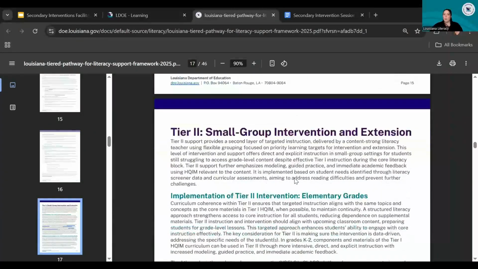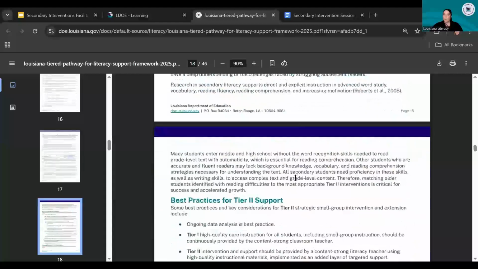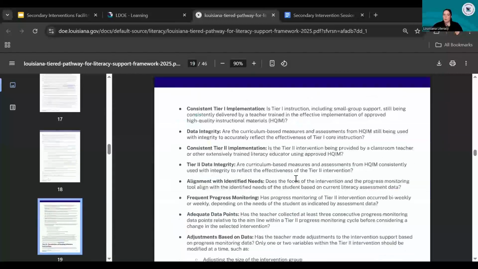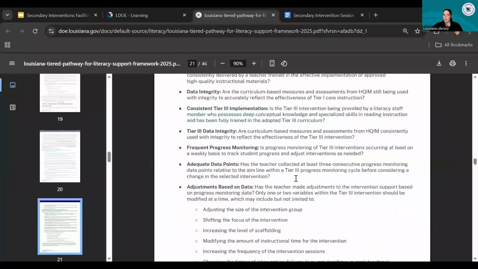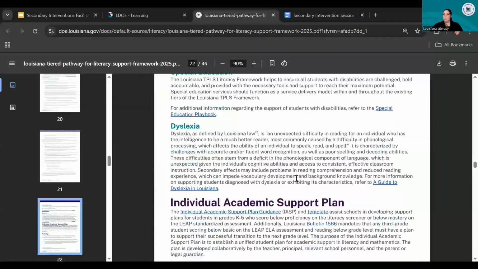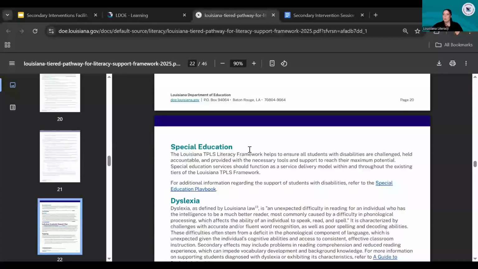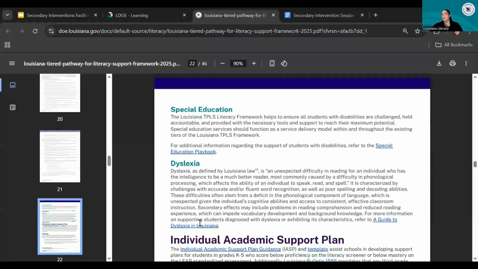It goes all the way through page 21 for each of the 3 tiers of support. So I just wanted to make sure that you were aware that it was here, and on what pages, so that you can refer back to that later on. And it ends on page 21 where they have a small disclaimer about special education and dyslexia.